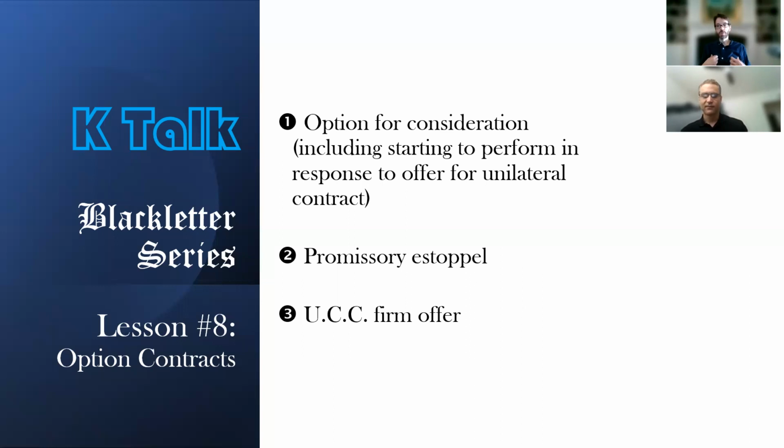But the good news about using promissory estoppel is that it applies to any detrimental reliance, even if that detrimental reliance is not the start of performance. So promissory estoppel can be used when it is a promise to keep the offer open, and the principal contract is for a bilateral contract. I promise to sell you my restaurant if you promise to pay me $100,000, and I promise to keep that offer open for 2 weeks.